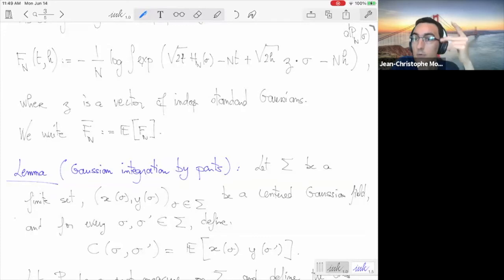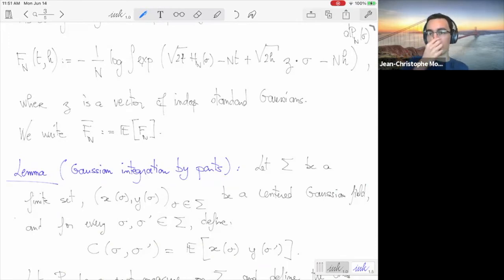This is what I call Ito calculus without Ito. Actually, you're doing some version of Ito calculus when you do this.